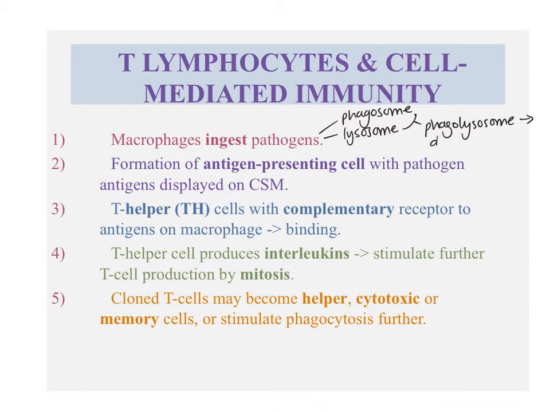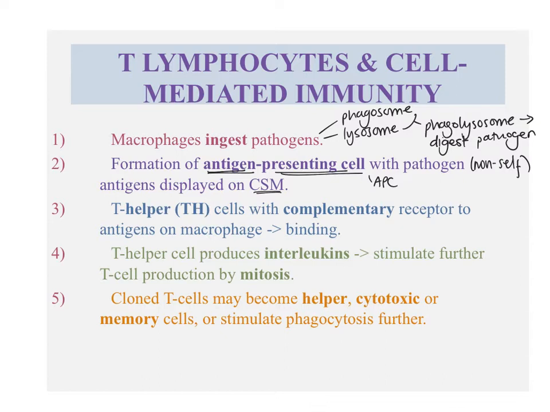We digest our pathogen, and then we're going to form an antigen-presenting cell, the APC. With that antigen-presenting cell, we know that our pathogen or non-self antigens are going to be displayed on the plasma membrane, that cell surface membrane.